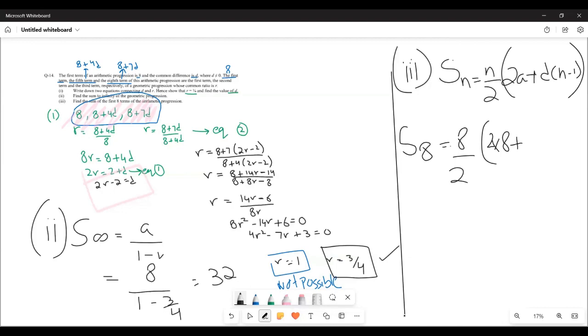Not 8. The d we found, it was half, minus half. Negative. Yes. So instead of plus I'm going to write negative half, and in place of n minus 1, what will we write? 7. Yes, okay.